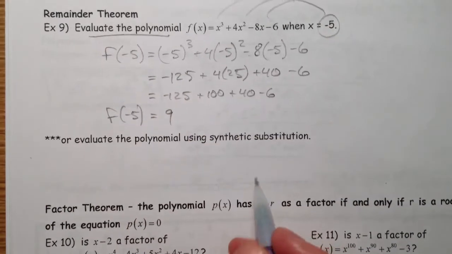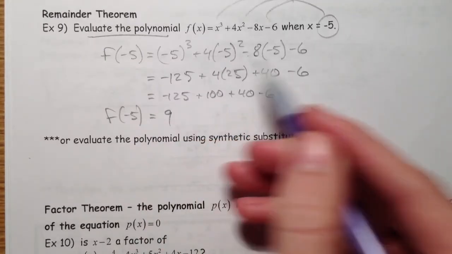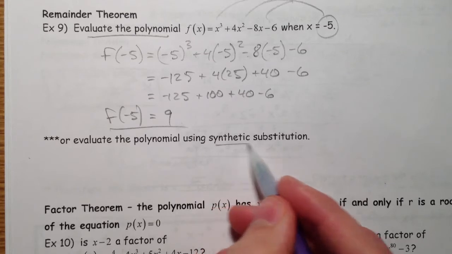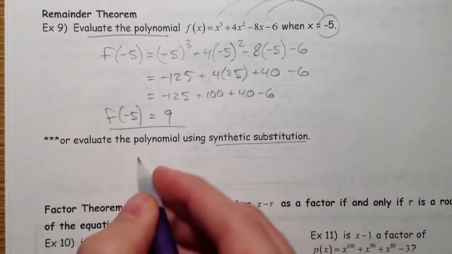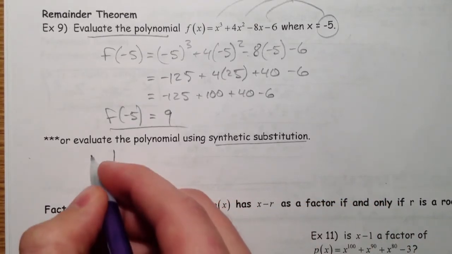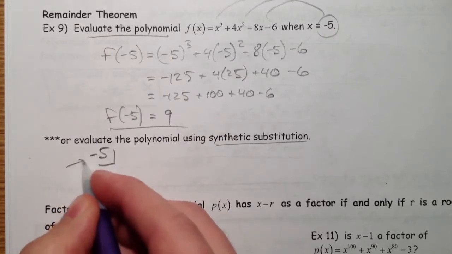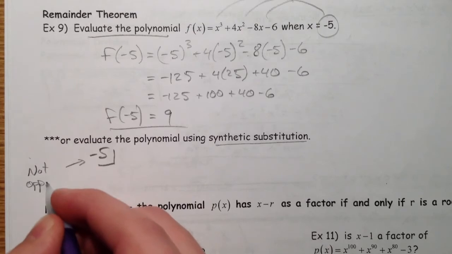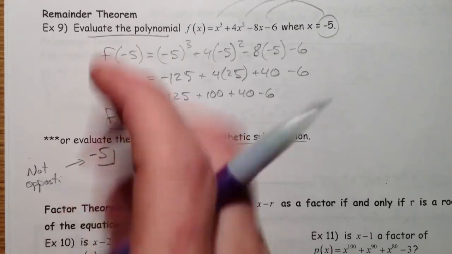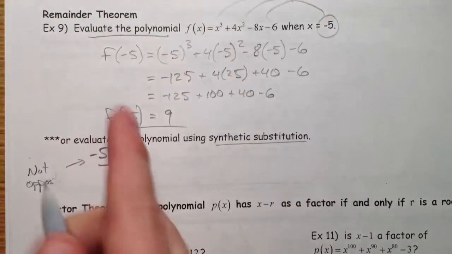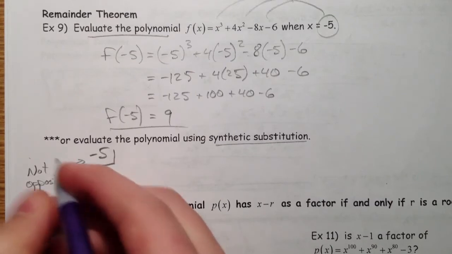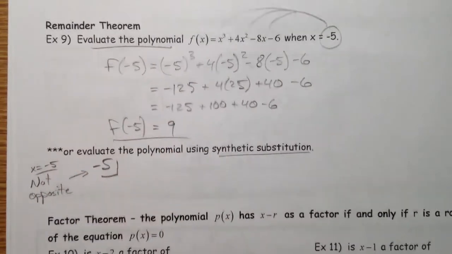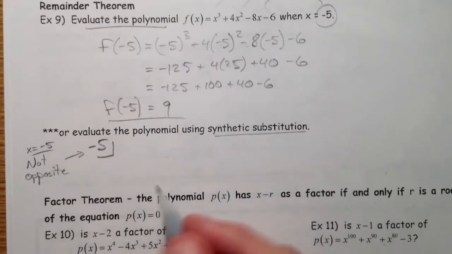Now, you can imagine as these get longer, well, there's just another way you can do it. We can use synthetic substitution. And so what I mean by this is we put negative 5 in our corner. Notice that this is not opposite, because this is the x value. X equals negative 5, where before it was the factor.